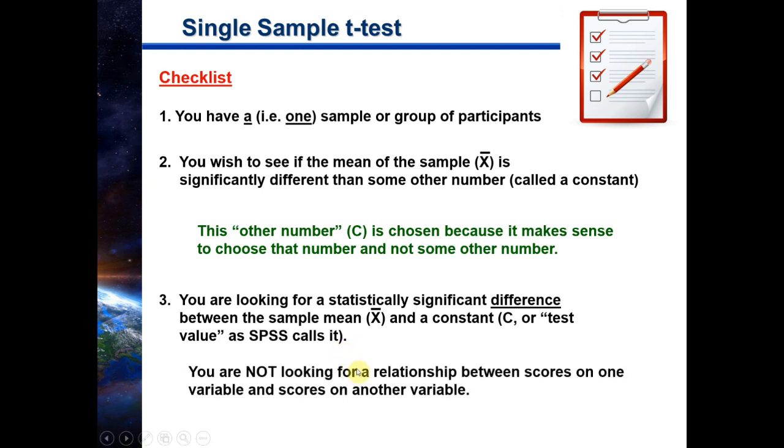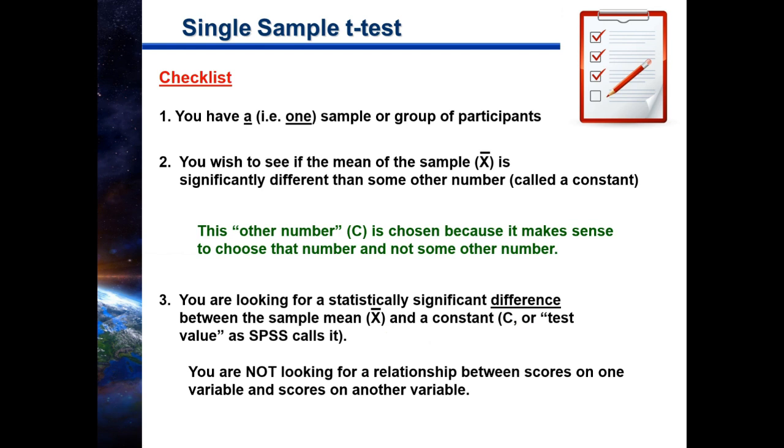Now, one thing I'm going to stress throughout this chapter and the chapters on ANOVAs is that whenever we are comparing means, or a mean to a constant, or we're comparing 2 means, 3 means, etc., whenever we run a t-test or an ANOVA, we are looking for differences among means, or in this case, a mean to a constant. We are not looking for relationships among scores.